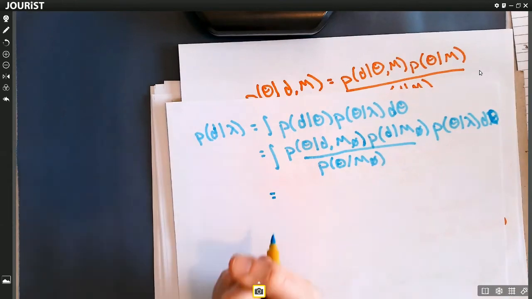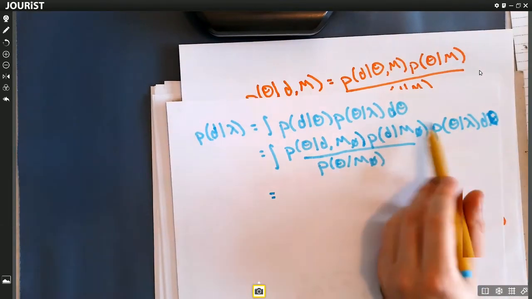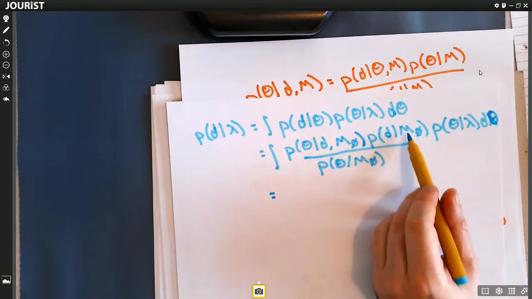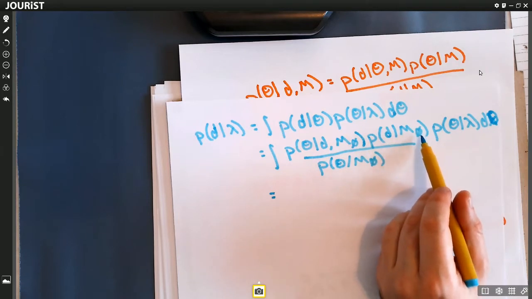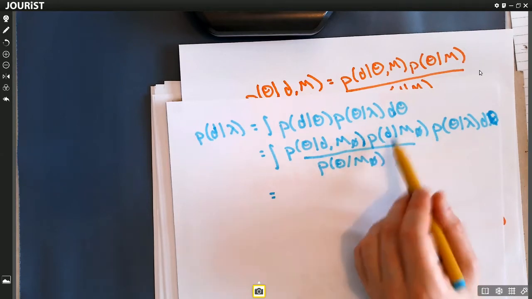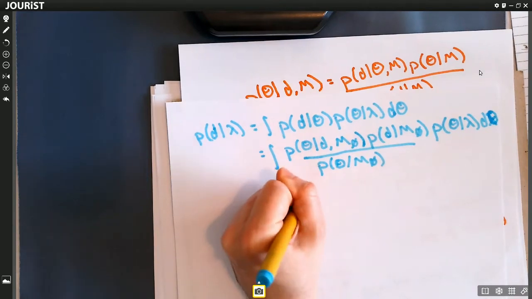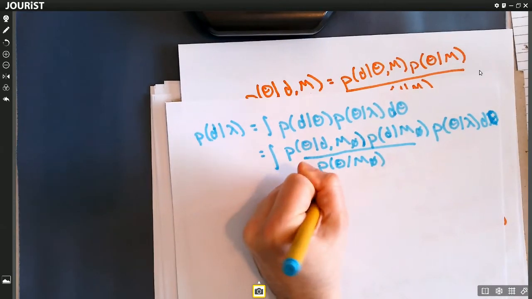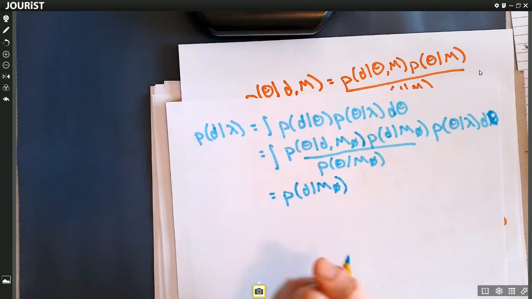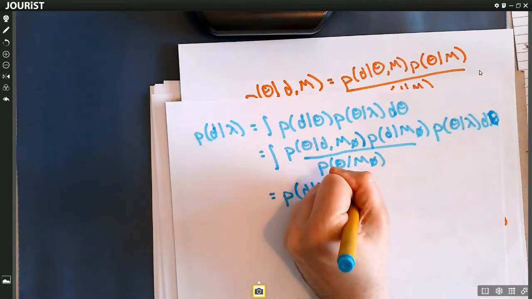Up first, let's move this term, the probability of the data given our default model choice. This doesn't depend on theta, so we can move this outside the integral just to make life a little cleaner. Then let's have our integral.